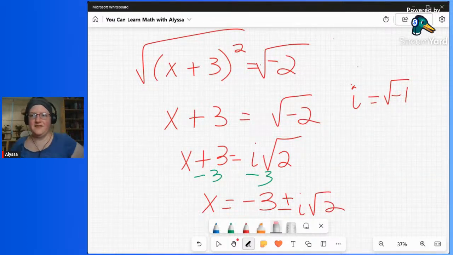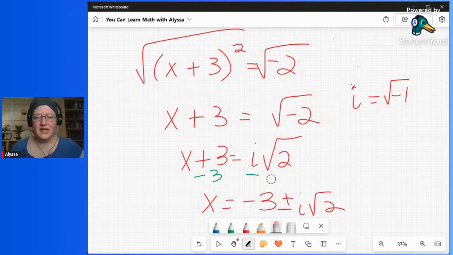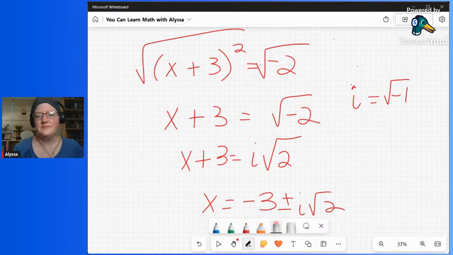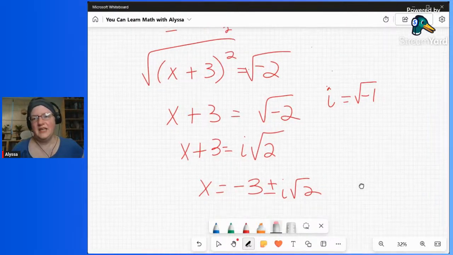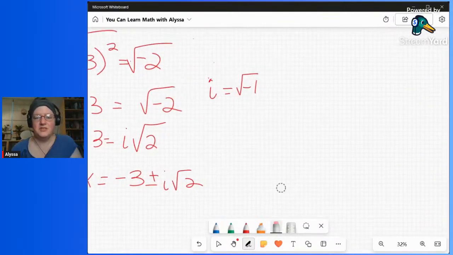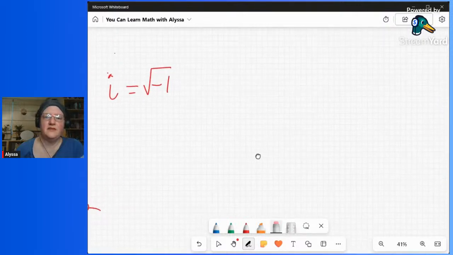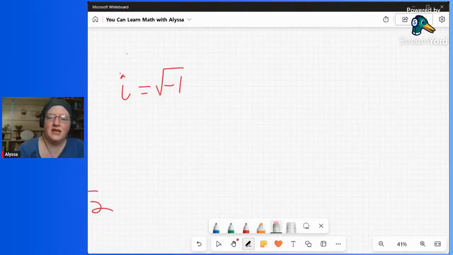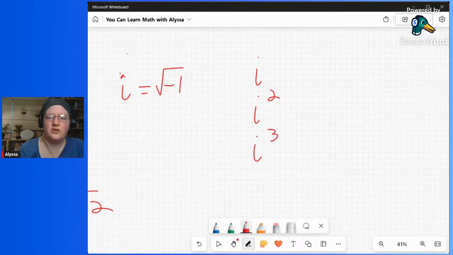Now, i behaves in interesting ways. i repeats itself. When we talk about i, the square root of -1, you have i, you have i squared, you have i cubed, you have i to the 4th, and then it repeats.